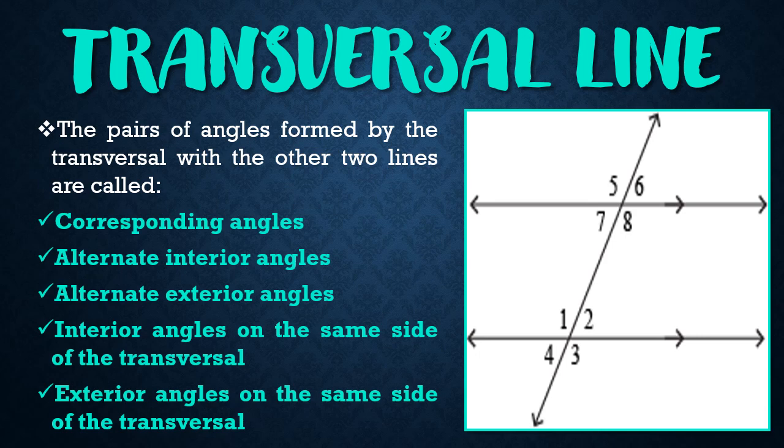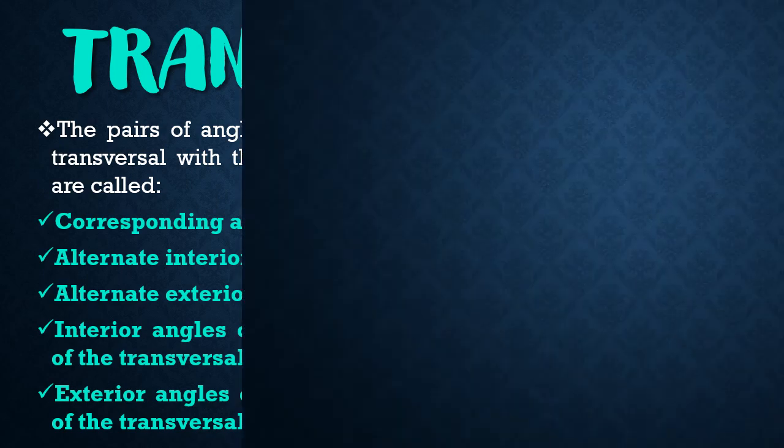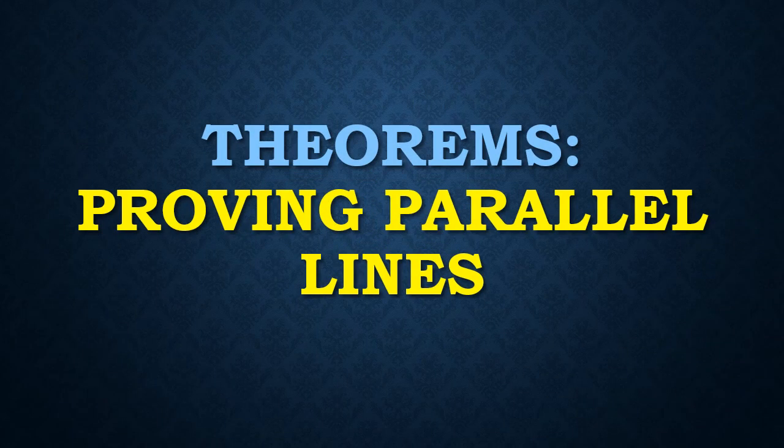Corresponding angles, alternate interior angles, alternate exterior angles, interior angles on the same side of the transversal, and exterior angles on the same side of the transversal. So I hope you can still remember this lesson. Now let's proceed with our main topic for this day, theorems proving parallel lines.